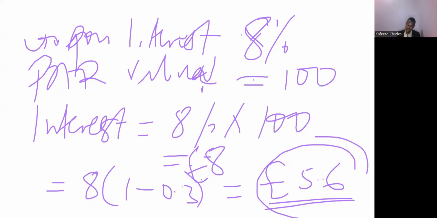Otherwise, if you never wanted to adjust it for tax, you would go by this 8%, then the answer you get is the one that you should adjust for the tax. But here I've just adjusted the coupon interest. So that means when I go to the other side, when I get the IRR, I will not adjust it again for tax because the cash flow was already adjusted for tax.